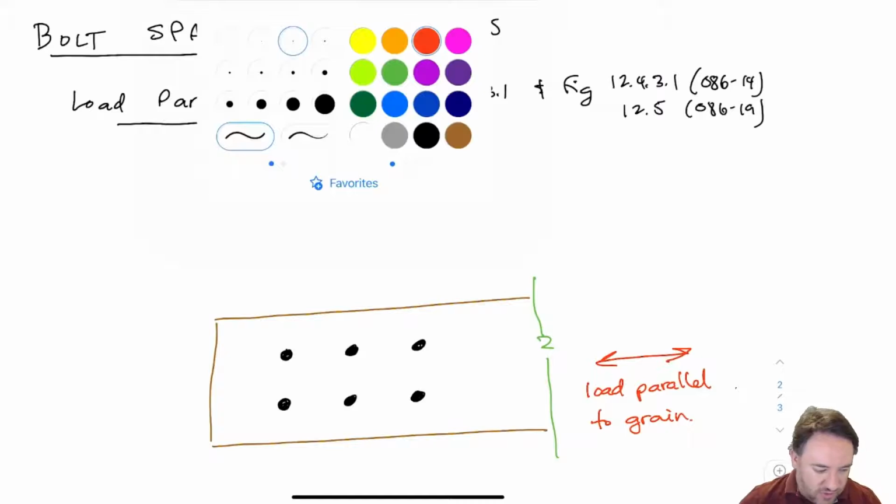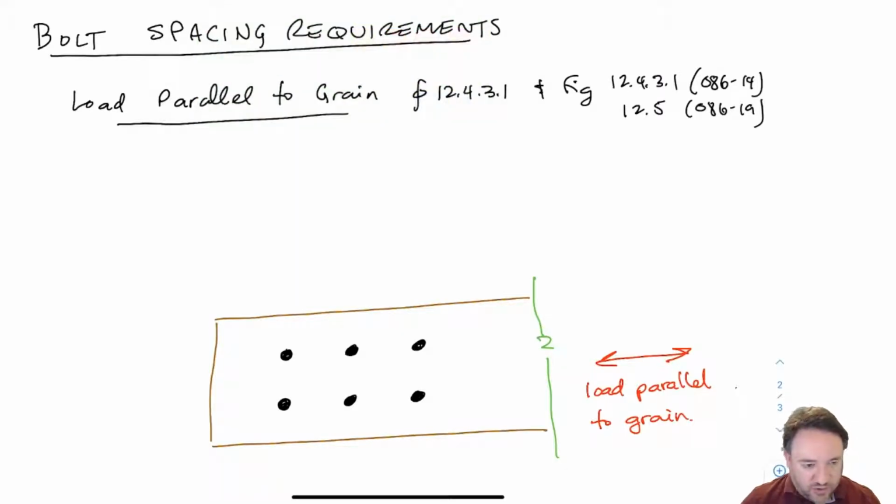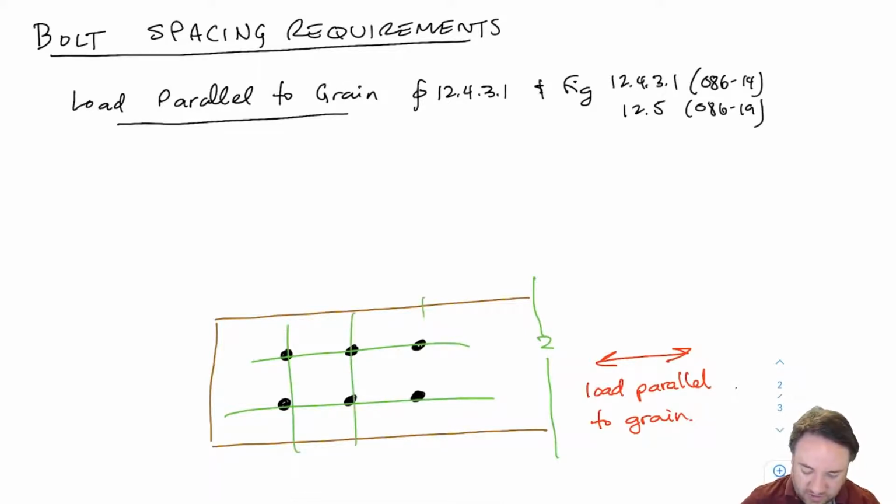Okay, so we talked before about what are rows and what are columns. In this case, the rows are like this, right? In that direction, because the rows are the lines parallel to the loading direction, right? These ones would be the columns in this case. So in 086-14, the labels for these spacings are in terms of rows and columns.